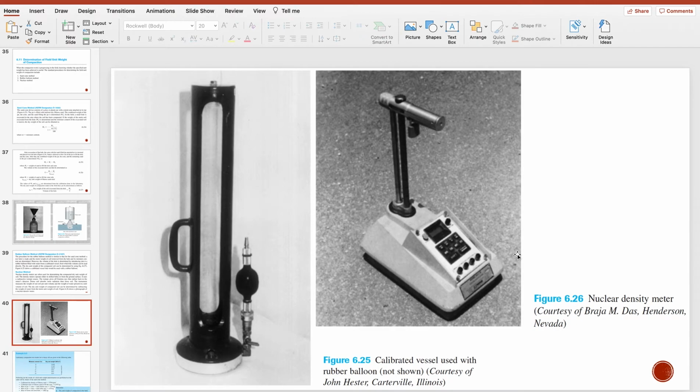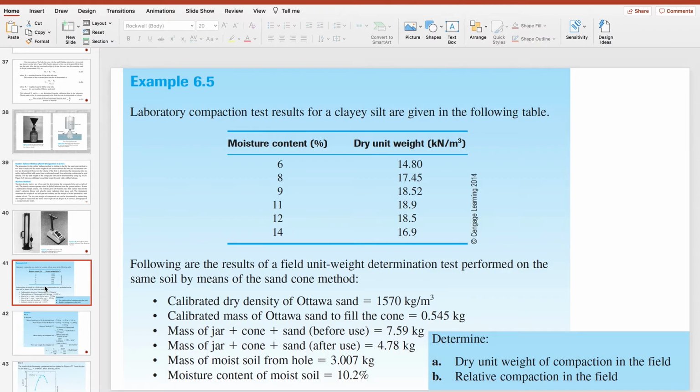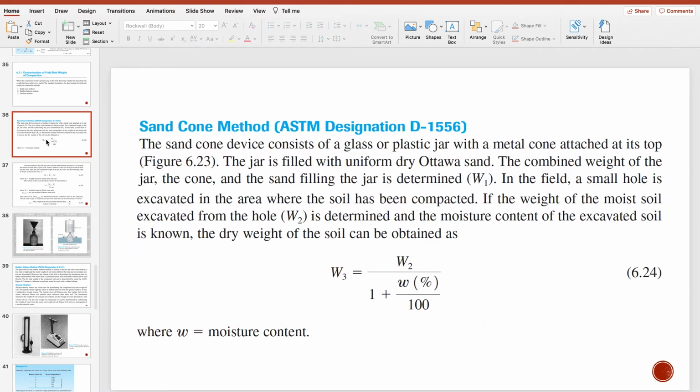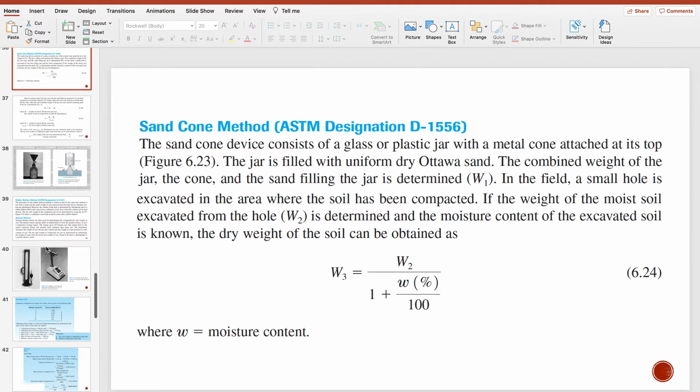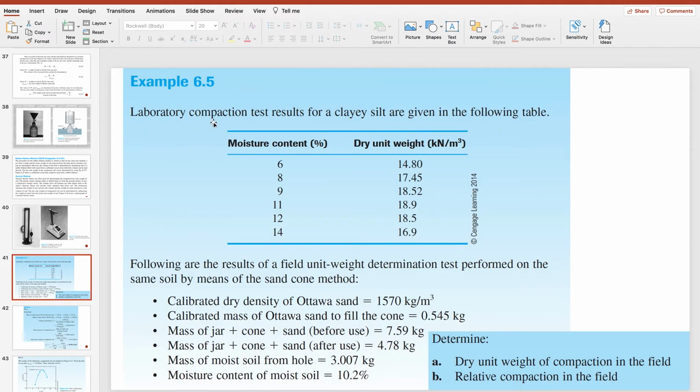Okay, so we will be using this type of apparatus. Okay, so an example of this one. An example of the sand cone method. So you have here the laboratory compaction test results for a clayey silt given in the following table.